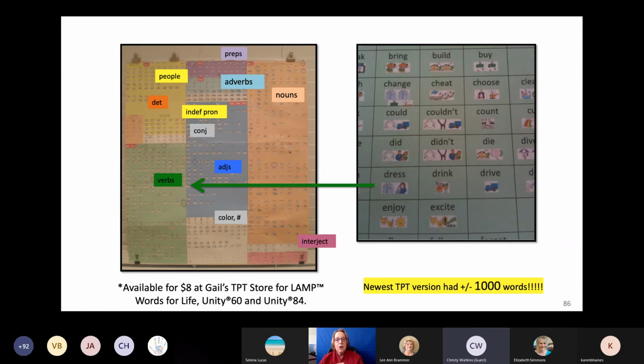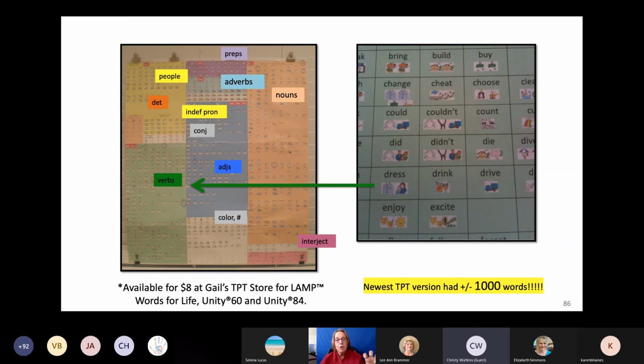Okay? So again, you can take a look at this. I'll just point out to you that if you're making your own wall chart from scratch, which is perfectly fine, my wall charts are based particularly on kids who are using icon sequencing. That would be the Unity program or LAMP Words for Life.